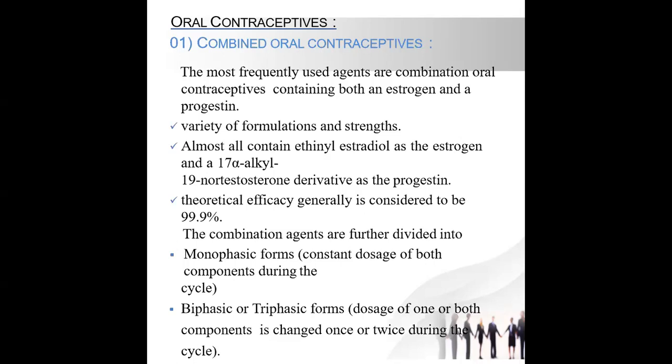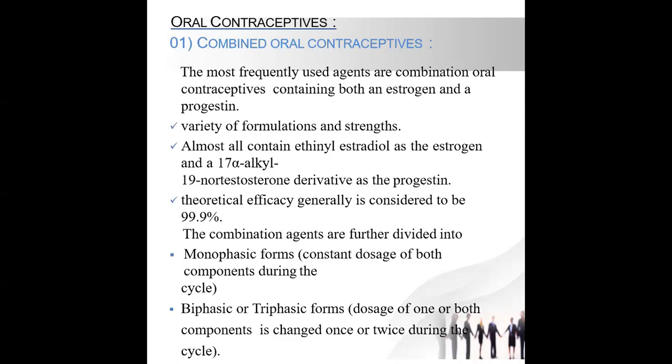One is ethinyl estradiol, which is nothing but the estrogen, and a 17-alpha alkyl 19-nortestosterone derivative as the progestin. So all the combinations contain these two preparations, and theoretically the efficacy of these combined oral contraceptives is considered to be 99.9%.